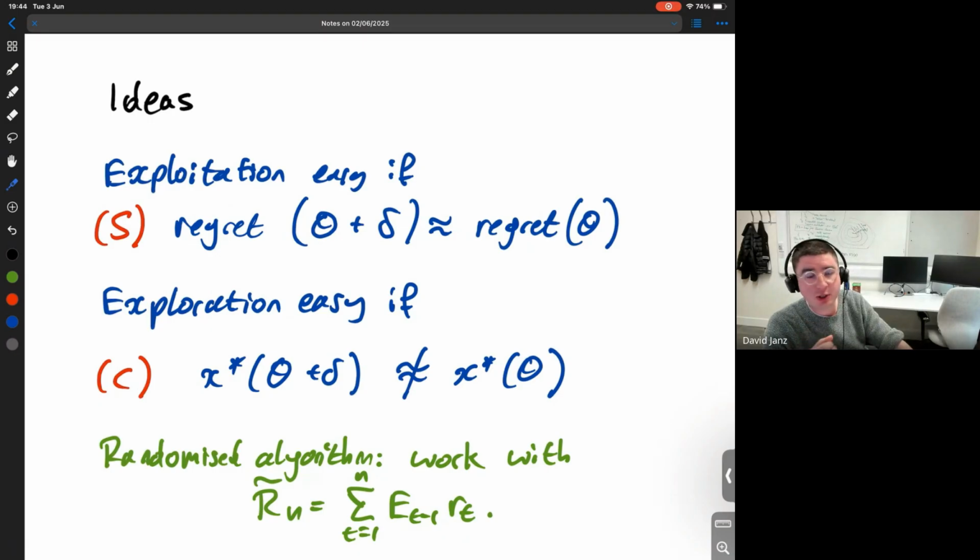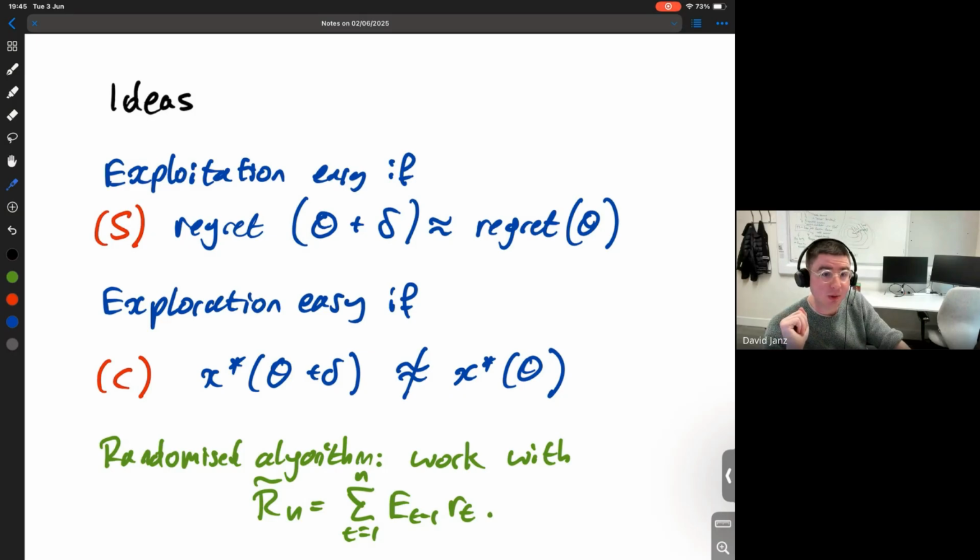Now, exploitation is easy if the per step regret for a parameter theta is roughly the same as the per step regret for parameter theta plus delta, where delta is some small perturbation. So if small perturbations around a parameter do not change the per step regret much, that means exploitation is easy. You could be anywhere near the right answer and you're getting basically the optimal regret. So I've labeled this condition S for smoothness.